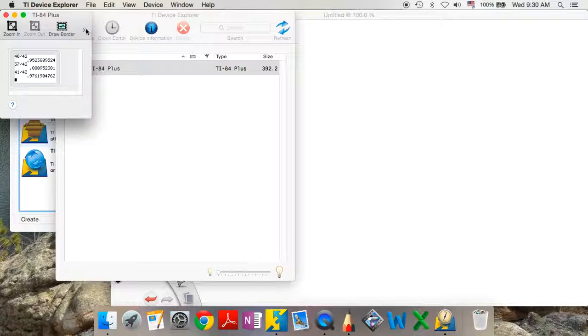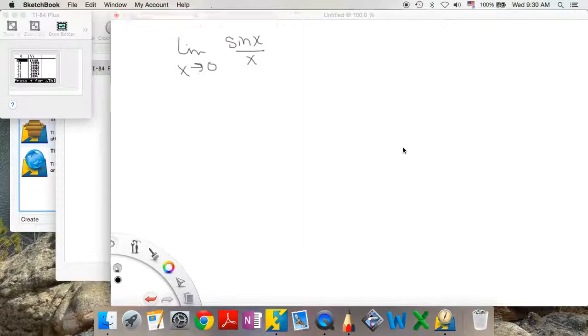It's kind of hard to see that, but not sure why it's not zooming in. But anyway, you can see that it makes an error at x equals 0, obviously.